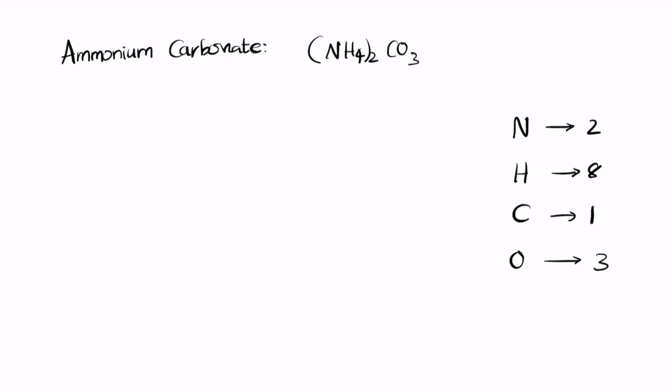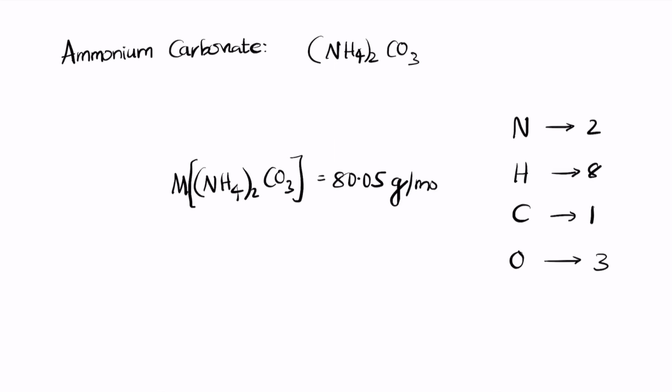The molar mass of ammonium carbonate is 80.05 grams per mole. Use the values, pause the video right here and try to find the mass percentage of each of these elements.